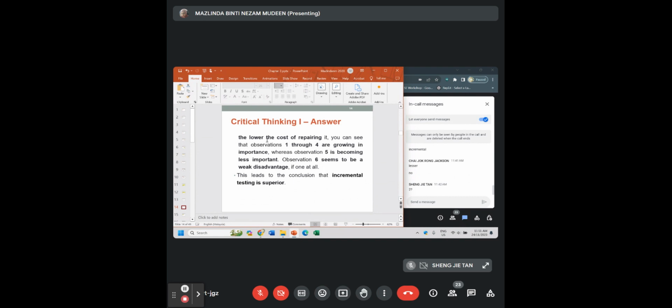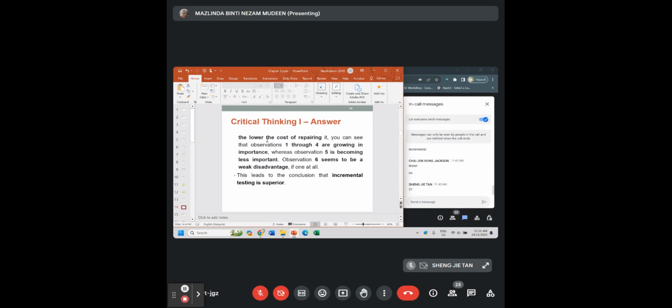And when it comes to point 6 just now, which is enabling parallel activity, it's not really a big disadvantage for the incremental approach. So incremental approach has better advantages compared to non-incremental approach.